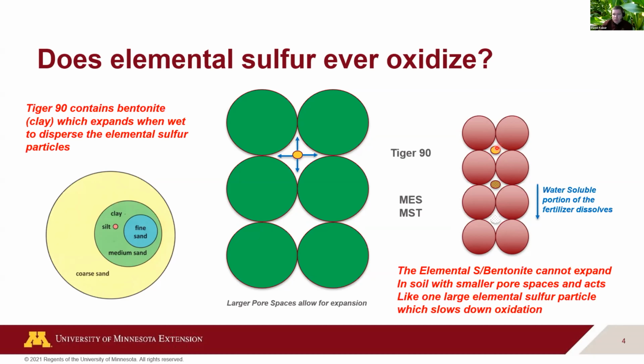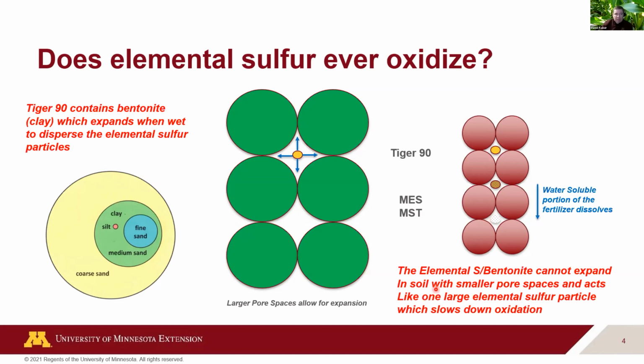Versus these co-granulated products, if you look at these little specks here, I kind of want to represent the little specks of elemental sulfur in there. If we have a fertilizer material that fully dissolves, it's going to leave smaller particles out there. They're going to have more room to move and more space to react, where they're not acting like one larger particle within the soil itself.